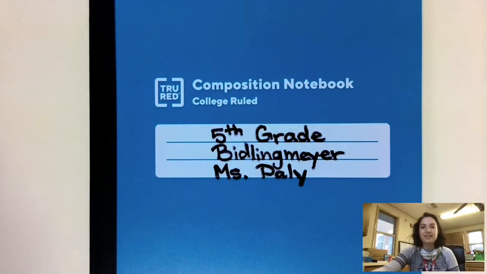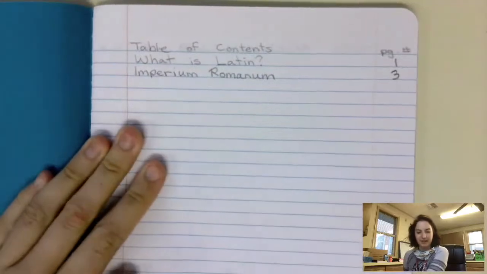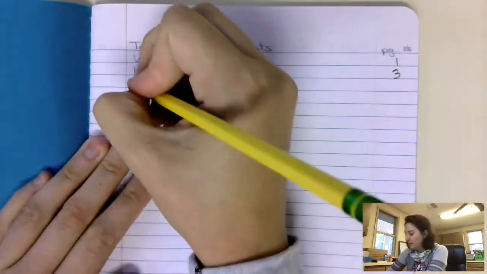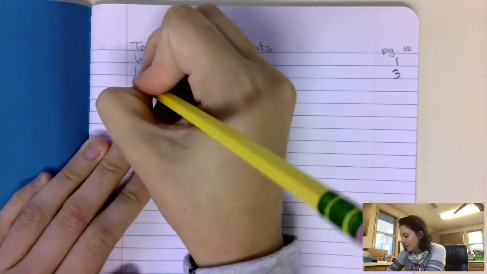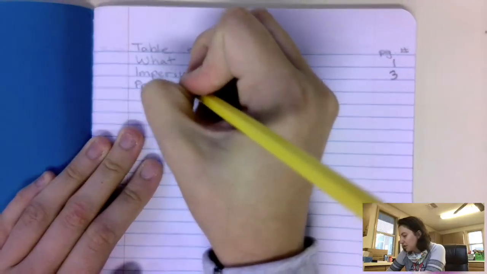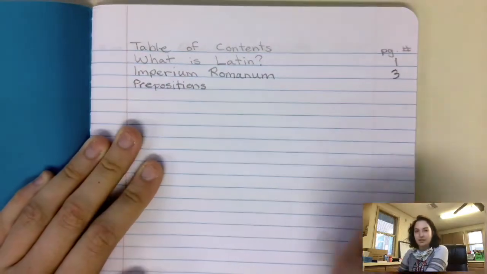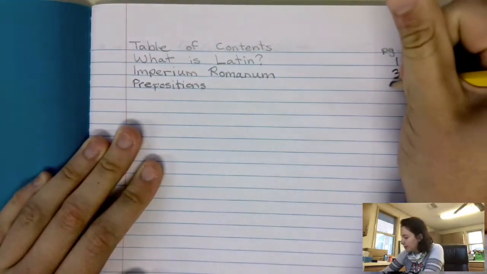All right, let's get out our notebooks and open them up to the table of contents. And we are going to title our next entry, Prepositions. I'm going to be putting this on page 5.